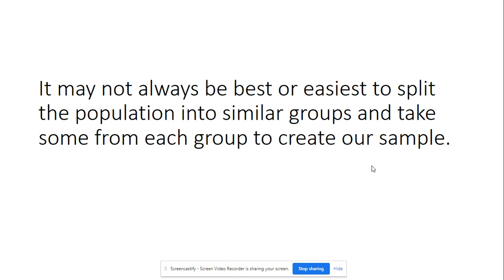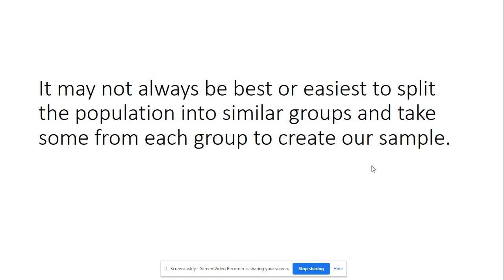But it may not always be easiest to split the population into similar groups and then take some from each group to create our sample. So if we were doing this by house, we wouldn't want to. Let's think about it with JLMAN students.